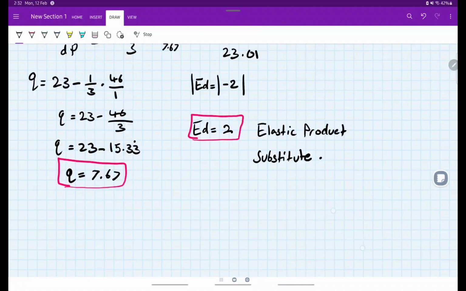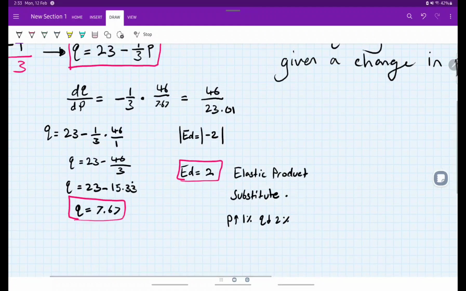So that when the price increases by 1%, quantity demanded decreases by 2%. So people will substitute your product for something different due to the elasticity. Graphing this, your demand will be quite flat or flatter. It will not be steep.